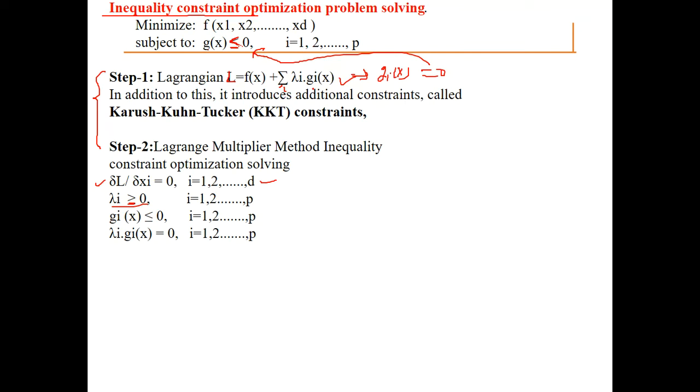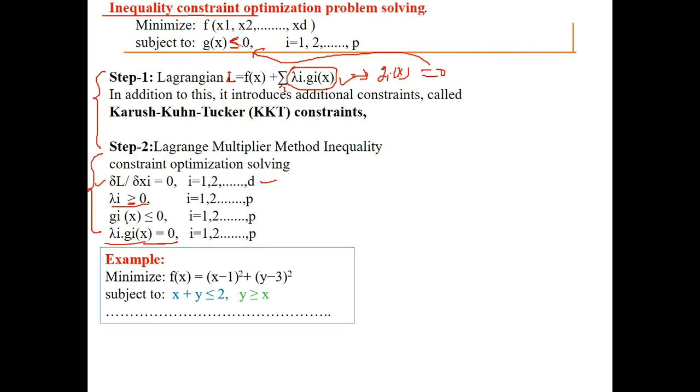So instead of differentiating with respect to lambda, there will be another set of equations: lambda_i into g_i, multiplying both should be equal to 0. So this is the formulation of the Lagrangian method for solving inequality constraints.